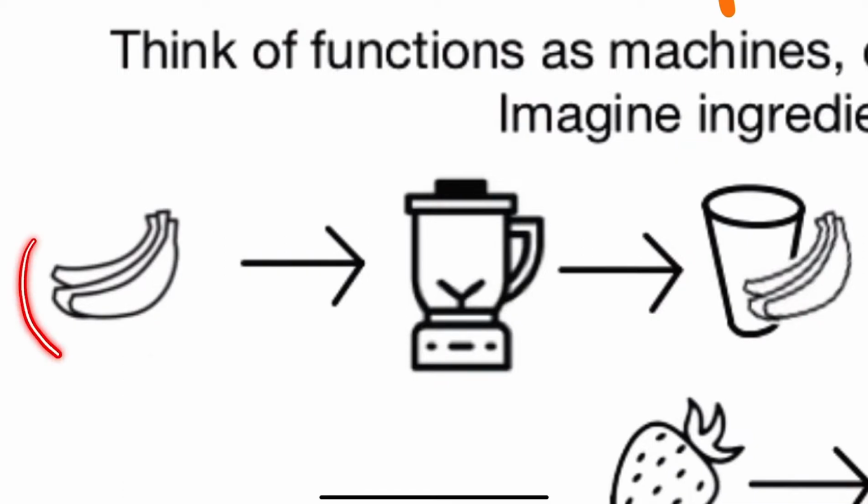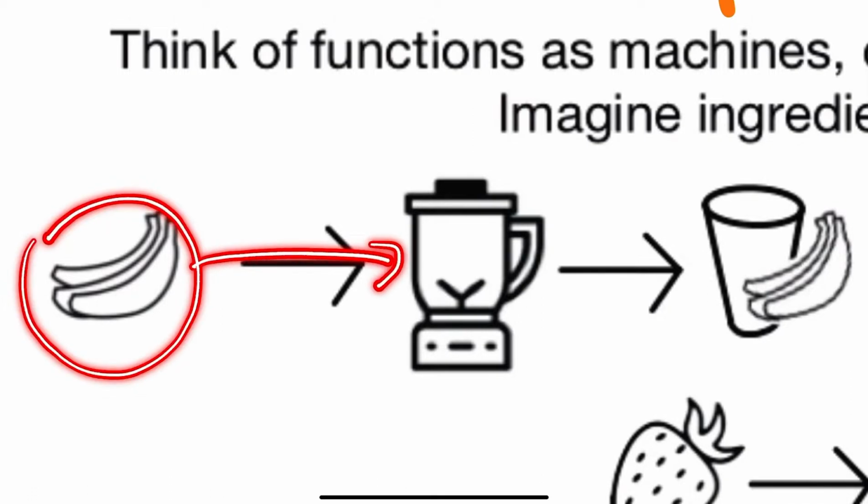So if I put a number in, or let's say I put bananas into my blender, right? The blender is going to do its job. It's going to swirl everything up until we get out a smoothie. And that is going to be a banana flavored smoothie, right? Because you put in banana, so it should be banana flavored.